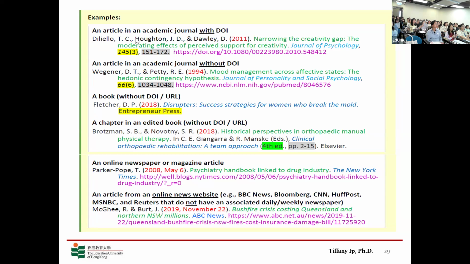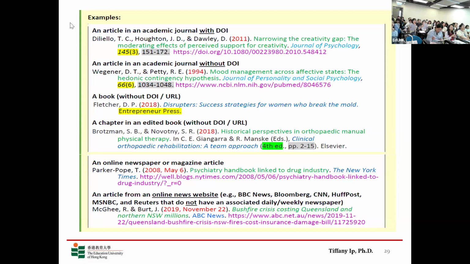So that's why it is different. In your main text, you say according to Delalo et al., and then bracket 2011 bracket. That's it. You don't need to mention the initials T.C., and you don't need to mention the other two writers.